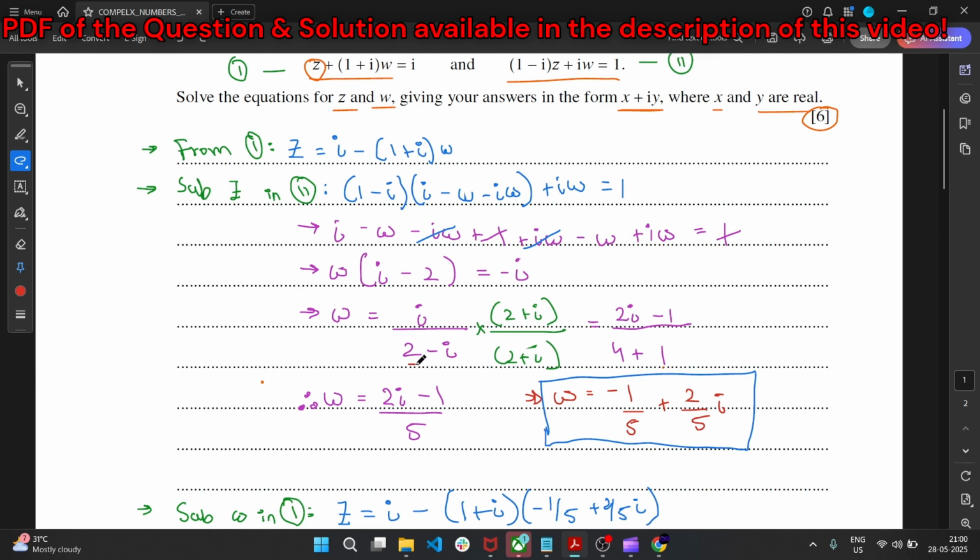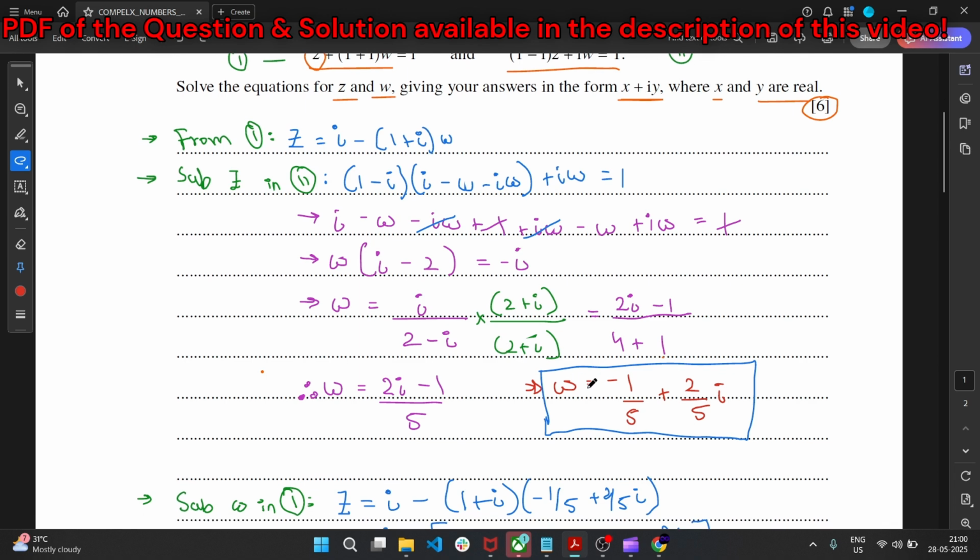We just take the complex conjugate of the complex number in the denominator and multiply that with the fraction's top part and the bottom part. And after opening the brackets, the final value of W that I got in the form of x plus iy is this. Then the next step would be to take that W and substitute that in my first equation so that now I can replace this W with some kind of a complex number.